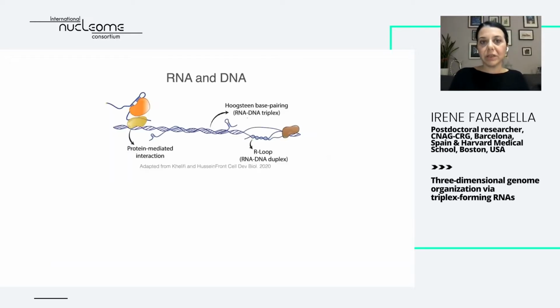The interaction between RNA and DNA within the nuclear environment can be categorized in two types. First, there is the indirect type of interaction that is mediated by proteins. But what struck my attention are those interactions that are direct, meaning that the RNA can bind directly to the double-stranded DNA within the nuclear space.